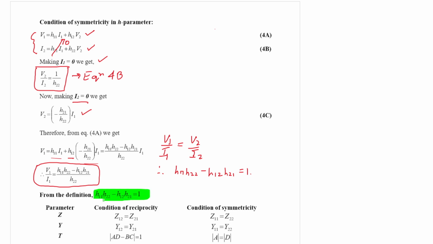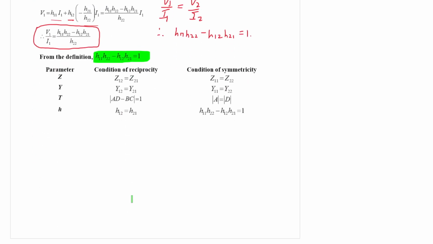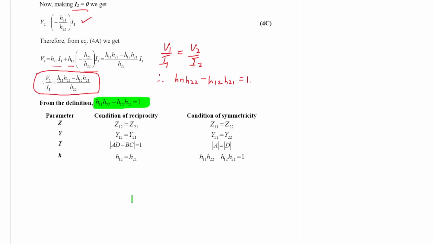So when you have any network, that network can be reciprocal, or symmetrical, or neither reciprocal nor symmetrical. Whether a network is reciprocal or not can be proved in 4 different ways. These are the ways.